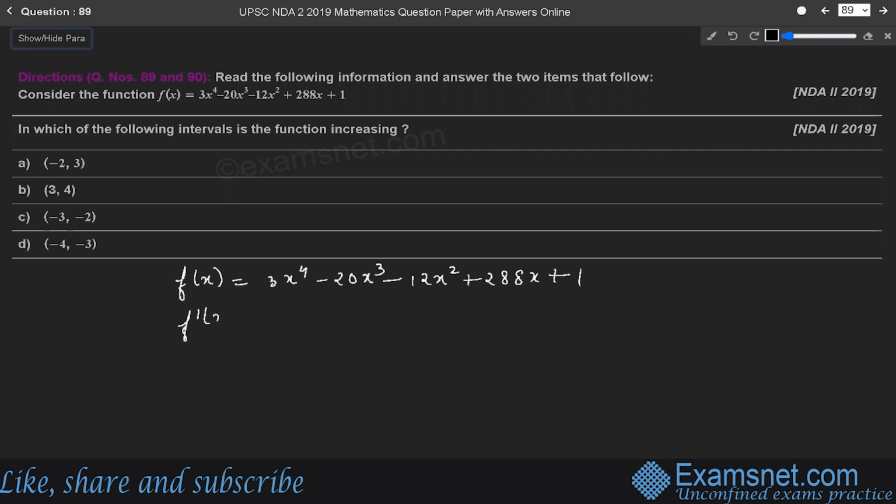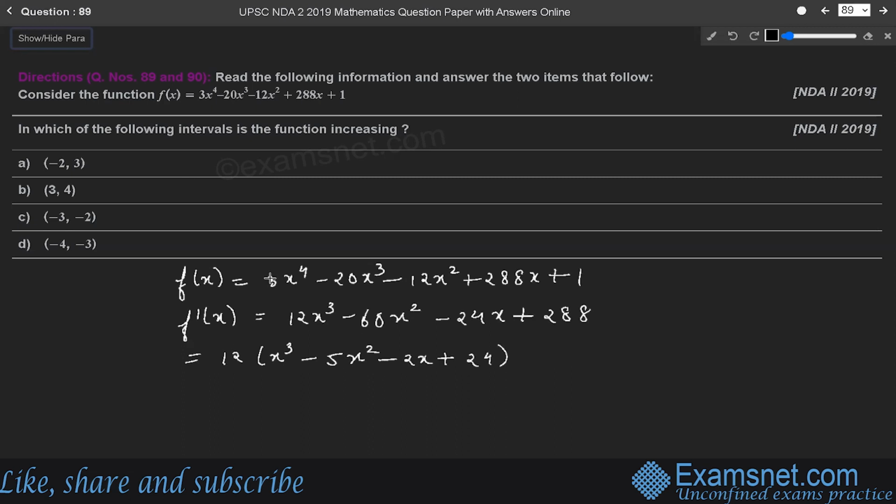So f dash x will be equal to 12x^3 minus 60x^2 minus 24x plus 288, which is equal to 12 into (x^3 minus 5x^2 minus 2x plus 24), which will be equal to 12 into (x^3 plus 2x^2 minus 7x^2 minus 14x plus 12x plus 24).